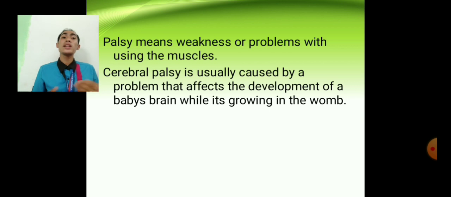Palsy means weakness or problems with using the muscles. Cerebral palsy is usually caused by a problem that affects the development of a baby's brain while it's growing in the womb. So you can see children who are in wheelchairs because of their disabilities. That's what we call cerebral palsy.